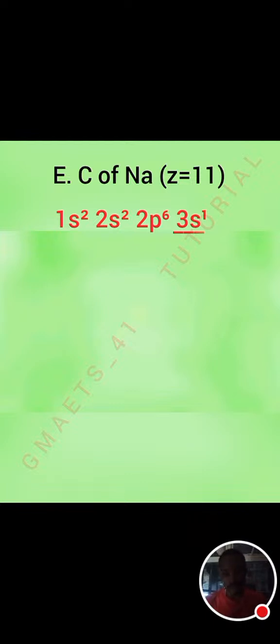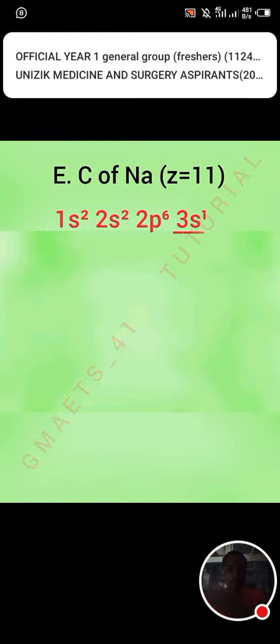For S-block elements, I repeat, for S-block elements, if you want to know the valence shell, it is simply the highest principal quantum number. So the valence shell, the outermost shell, or the ultimate shell, because these three words mean the same thing. The outermost shell of sodium is that principal quantum number 3.